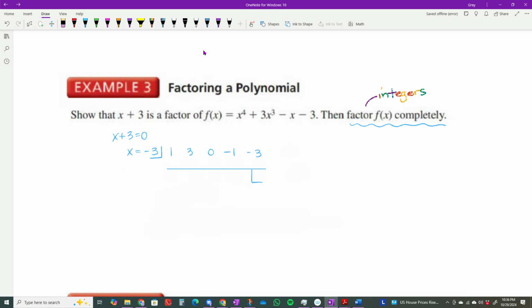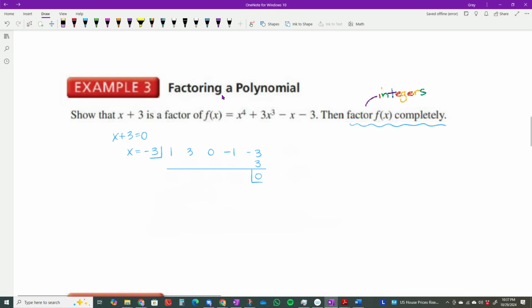Now, it says show that x plus 3 is a factor. Well, that's telling me it's a factor, which means that I know 0 has got to be here, and that has to be 3. When you start the problem off like that, y'all, it keeps you in check, and you know that when you start over here and get over there, you better get a 3 right there, or you've done something wrong, because they told me it was a factor.